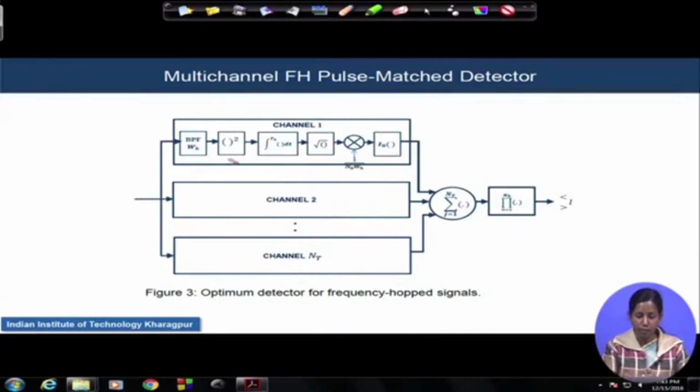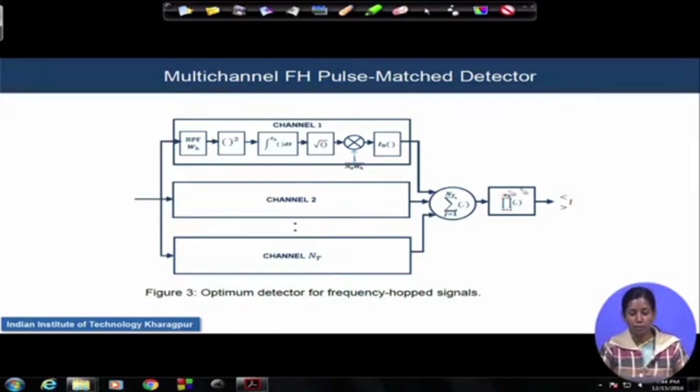Finally, the scaled versions from all NT channels are added up here, and the added signal is scaled, and then finally there is a decision comparison with respect to a new threshold which is called L. So remember, you have one threshold based detector running inside each and every channel, and on top of that you have another threshold to give you the final decision at the end.